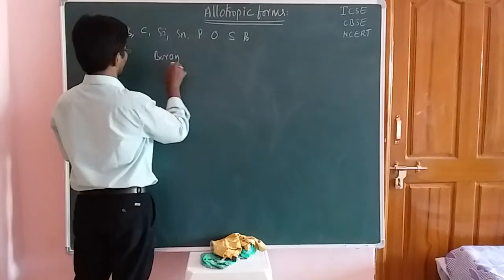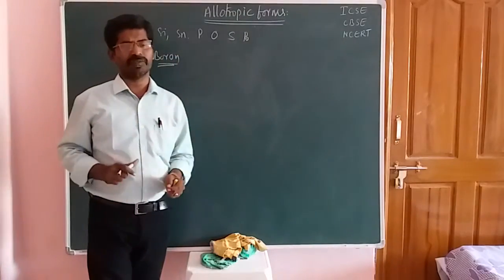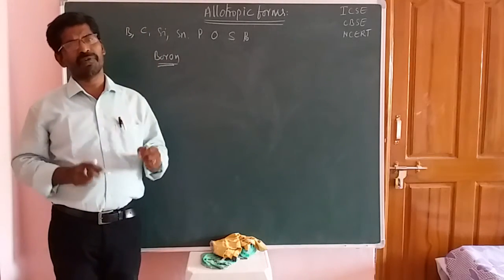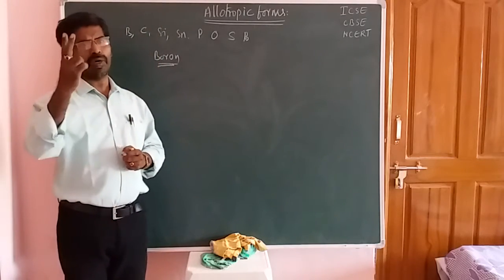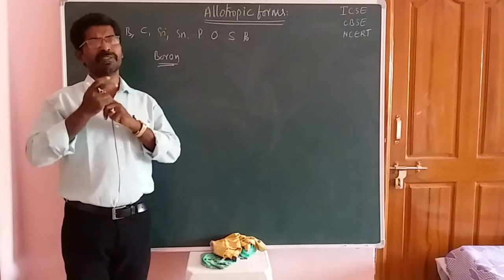Okay students. The boron element exhibits different types of allotropic forms, but the most important are two allotropic forms: one is crystalline allotropy and the other is amorphous allotropy.